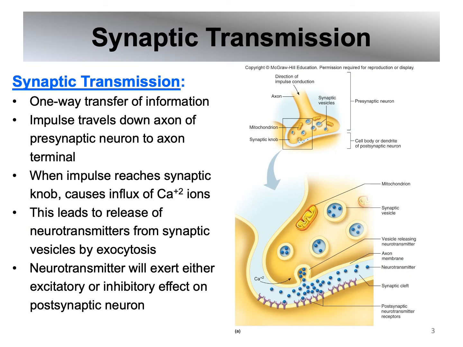Synaptic transmission is a one-way transfer of information. The impulse travels down the axon of the presynaptic neuron to the axon terminal. When the impulse reaches the synaptic knob, it causes an influx of calcium ions. What does that mean? The impulse causes the calcium ion channels at the axon terminal to open, and calcium ions from outside of the neuron get inside of the neuron.